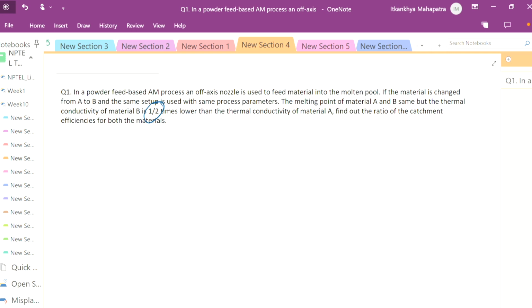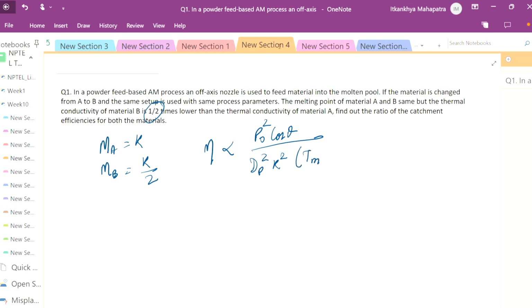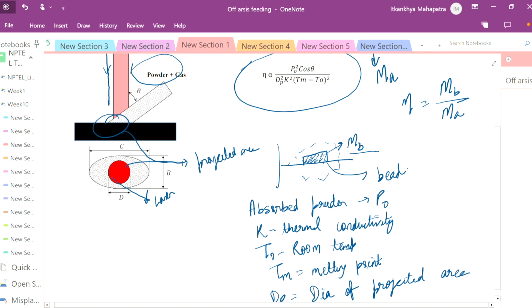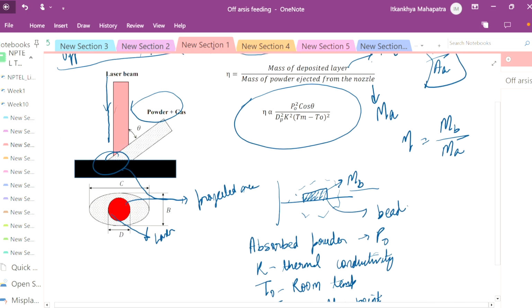Okay, so here now KA is equal to K, KB is equal to K by 2. Now the formula which we just discussed: P naught square cos theta by dP square K square (Tm minus T naught) whole square. So theta is the angle between the laser beam and powder.